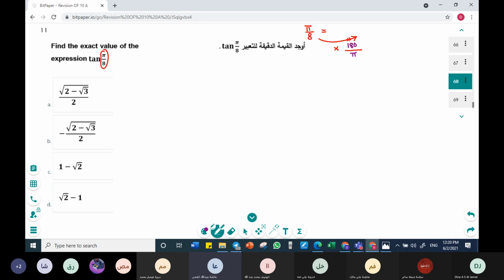45 over 2. Great. And I like that you gave me the details. It is 45 over 2, which is 22.5. That means it is pi over 4 over 2. Okay, ladies, pay attention to this.